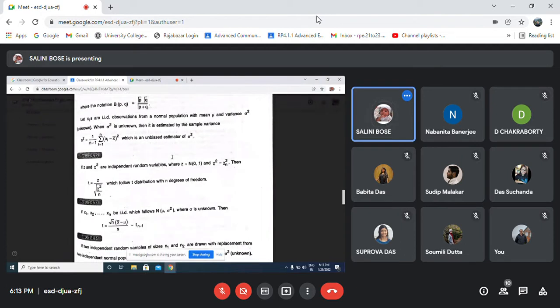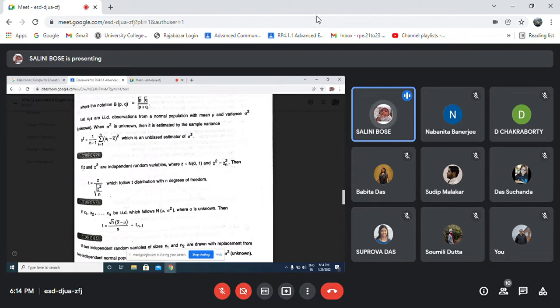Now, how is the t distribution related to z and chi square? In the last class we taught that the chi-square distribution is nothing but the z distribution squared.